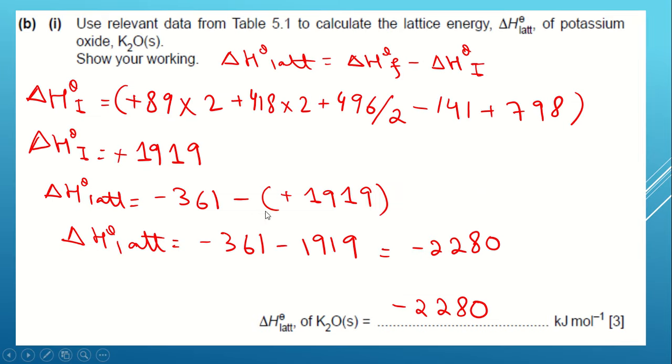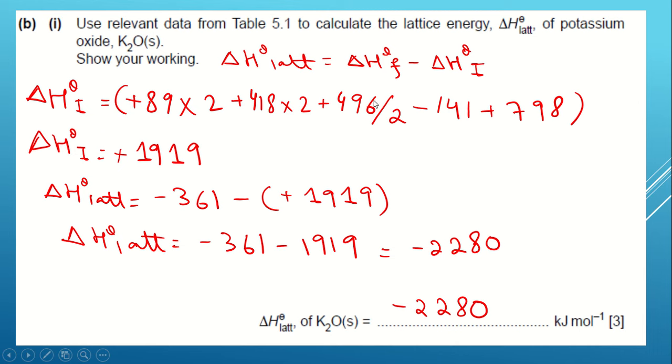Again, as you have 2 moles of gaseous potassium atoms, if both get ionized, the first ionization energy value will be multiplied by 2, right?